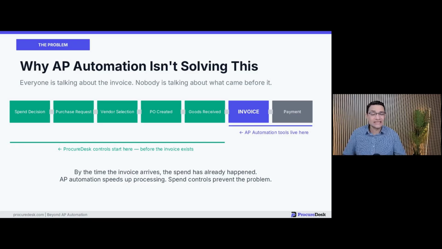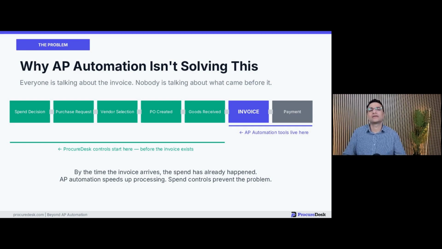Maybe you're going through a vendor selection process, and there you need to find the right vendors. Maybe the PO is getting created, or somebody's calling the vendor to say, hey, can you ship this product or service? And then finally, goods received and so on. The reason I'm trying to highlight this is that by the time you get an invoice, you have all this information being captured in these individual steps.